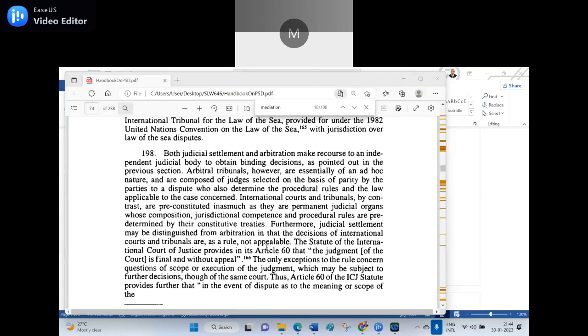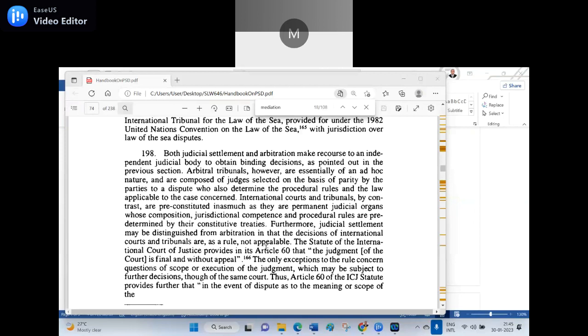Yes, Prof. But both judicial settlement and arbitration make recourse to an independent judicial body to obtain a binding decision, as pointed out in the previous section. I told you also, disputes can be resolved by judicial decisions, number one, and international disputes can also be amicably resolved by arbitration.